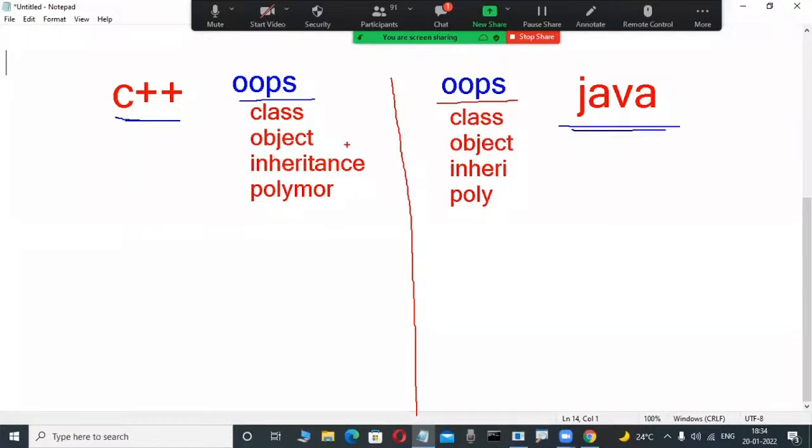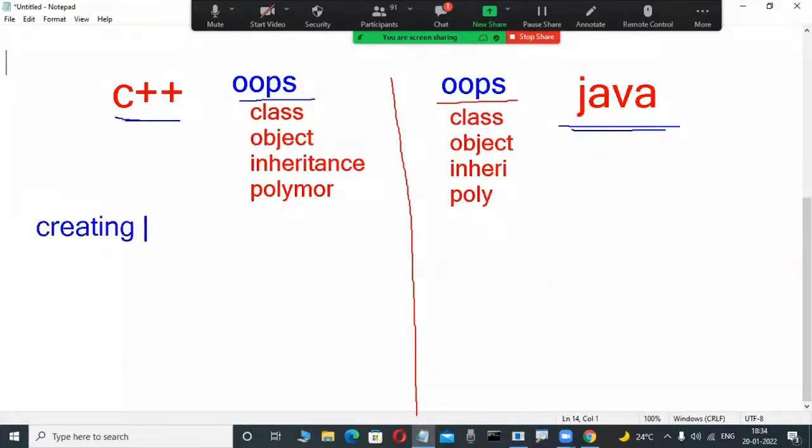C++ and Java, conceptually: what is class, what is object, what is inheritance, what is polymorphism, encapsulation, binding, something like that. But observe here. Suppose in C++ I want to create an object from the class, what is the syntax? Do any technical persons have an idea?